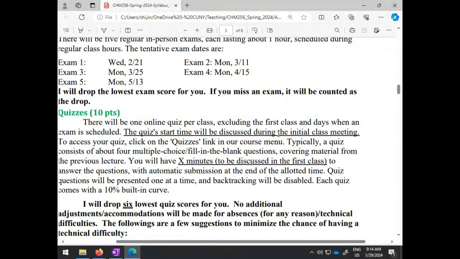It's reasonable, but because it's a sizable part of the course, I cannot make it unlimited time or any time you can take it.